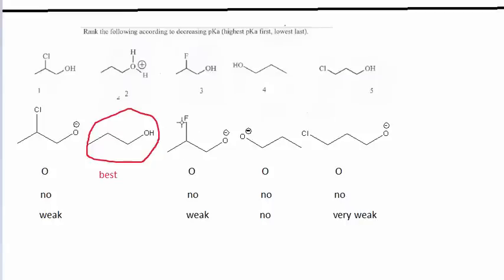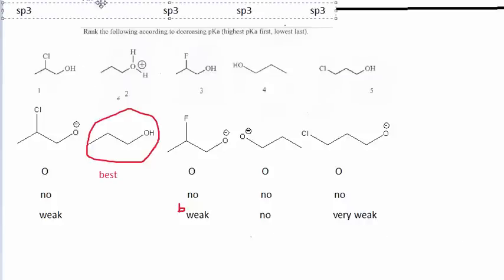Since fluorine is more electronegative, we could say that this has better, so I'll put a B for better, better electron withdrawing than this. And the last thing we need to look at is the orbitals involved, which are, once again, all sp3.